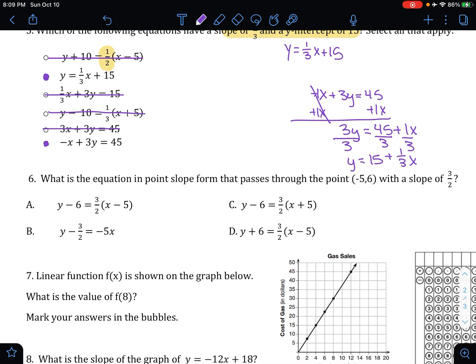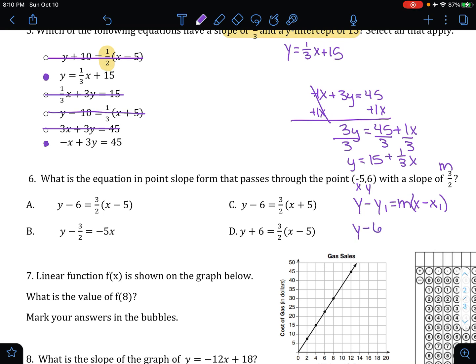Number 6, what is the equation in point slope form that passes through the point -5, 6 with a slope of 3/2? Remember, -5 is my x, 6 is my y, and my slope is m. I am going to plug it into y minus y sub 1 equals m times x minus x sub 1.